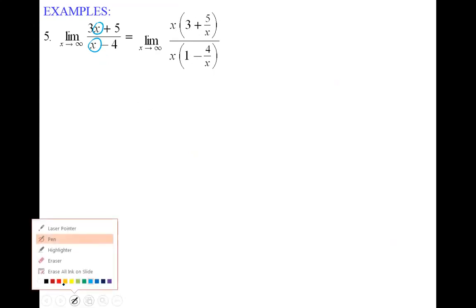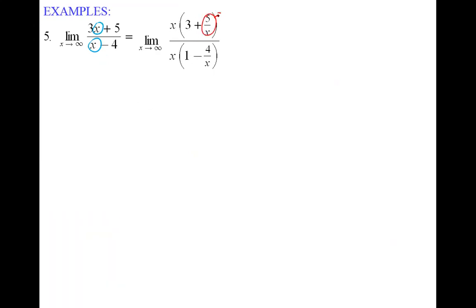This one, fortunately or unfortunately, the degree is actually the same. But let's see what happens when I factor out the leading function. I have 3 left and 1, and the other parts, of course, are 0. This goes to 0, and this goes to 0.